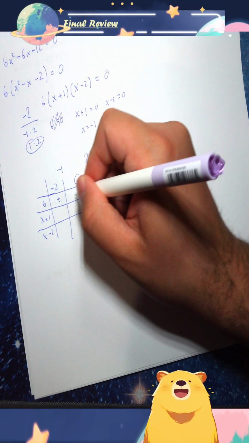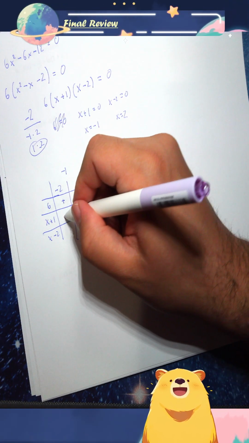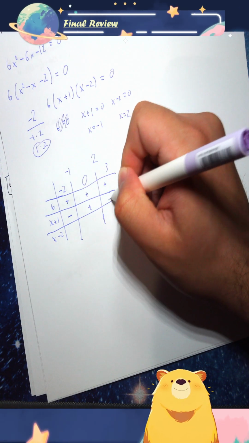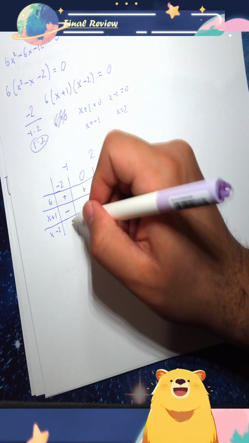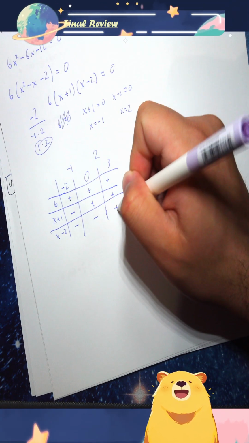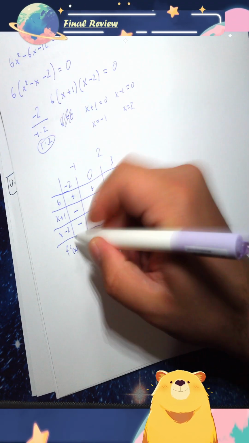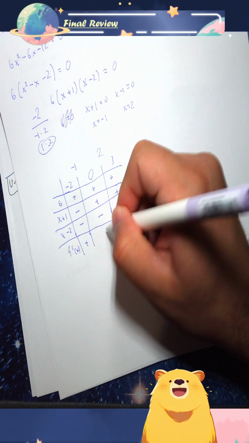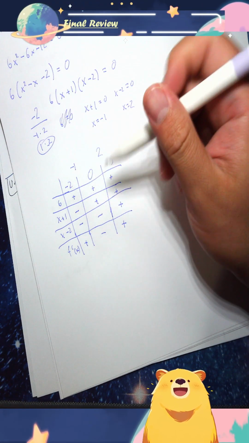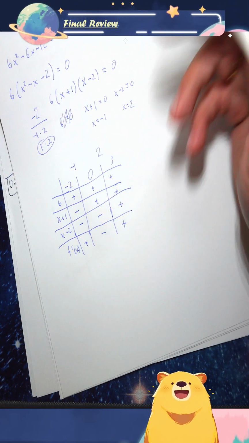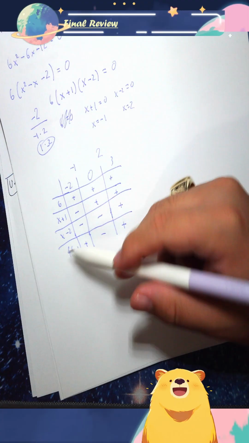For 6, that's a positive number no matter what. For x plus 1, it's going to be negative, positive, positive. And for x minus 2, it's going to be negative, negative, positive. So the function as a whole would be positive, negative, positive. So it probably means it's a sort of U shape, well, for the derivative.